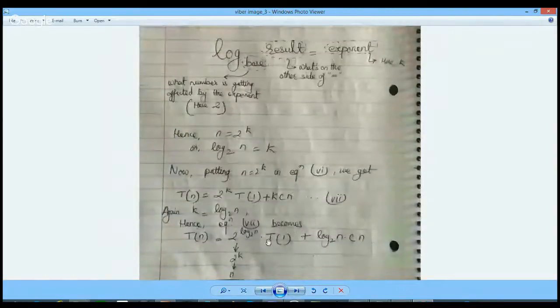The term inside the bracket becomes 1 as we put the value of n as 2 to the power k, and the constant term becomes log 2 n times Cn, because k equals log 2 n. Now, log 2 n is equal to k, so 2 to the power log 2 n becomes 2 to the power k, which equals n. So this whole thing can be mathematically replaced by n.